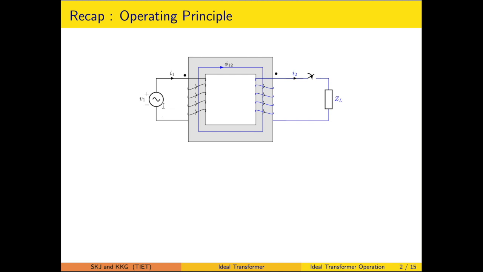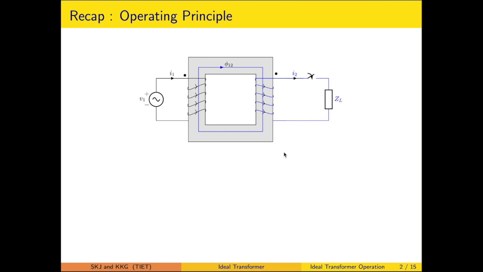When the primary is supplied by the AC source, it gives rise to the current I1, which will also be AC. It gives rise to the flux, which will also be sinusoidal. This flux links to the secondary and results in the induced EMF in the secondary. When we connect the load, there will be a current.